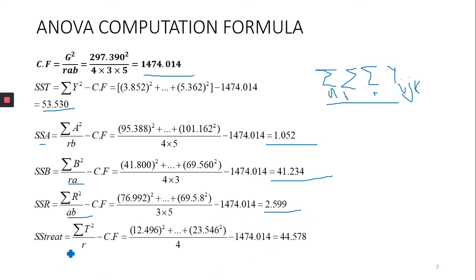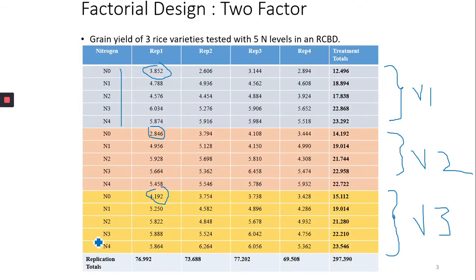Then SS treatment. Remember that table, the first table. Look at the first table, which is also showing on your notes. So we add the totals for the treatments. We divide by R, by the number of replications. Let me just go to the data so that you understand.